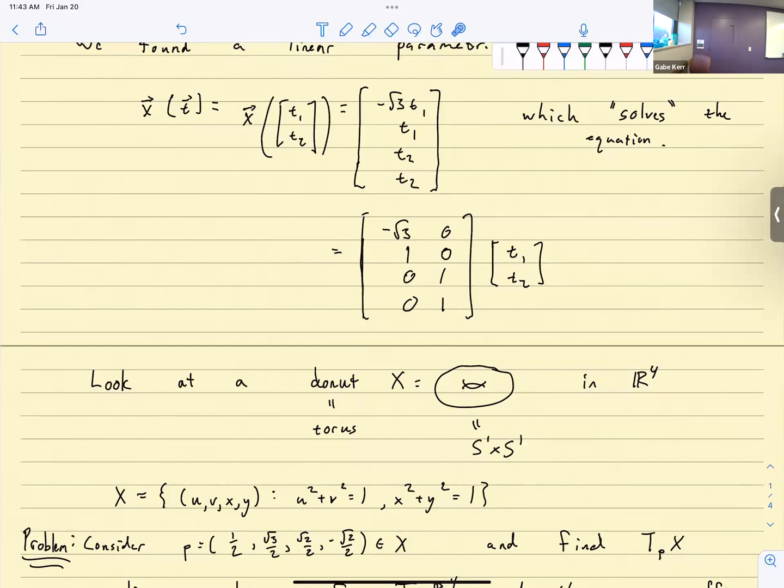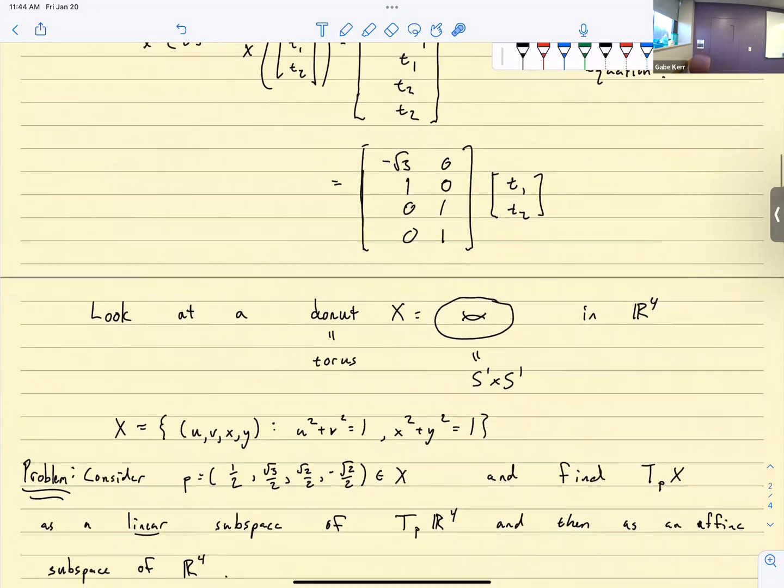But if we take a point on it and we consider the tangent space of that point in R4, that's a copy of R4. And then we can consider the tangent space of the torus, which is a plane. Everyone with me? The question is, how do we find that tangent space?